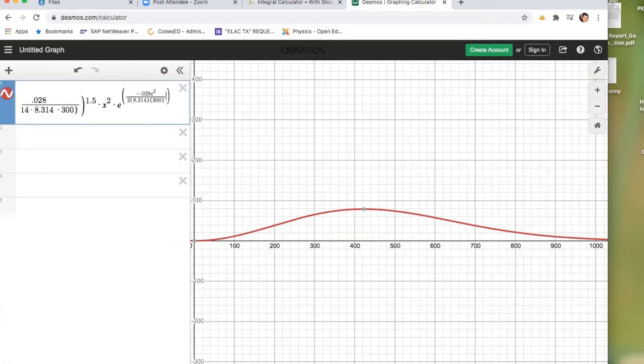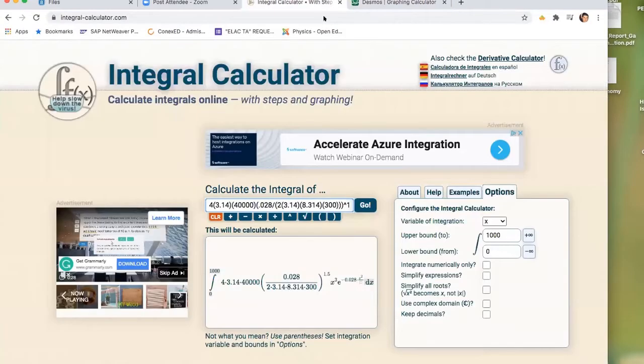Over 2, 8.314, 300. Over 2 times 8.314 times 300.